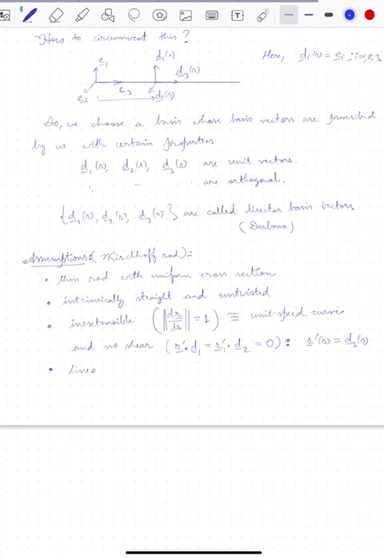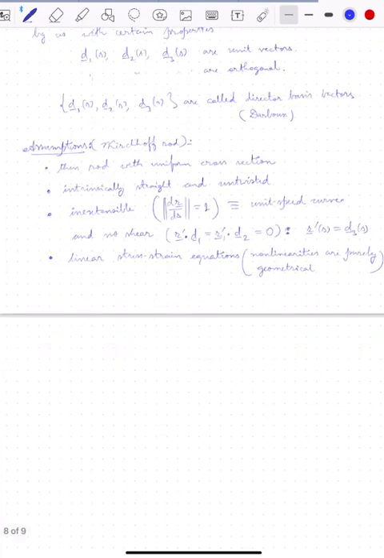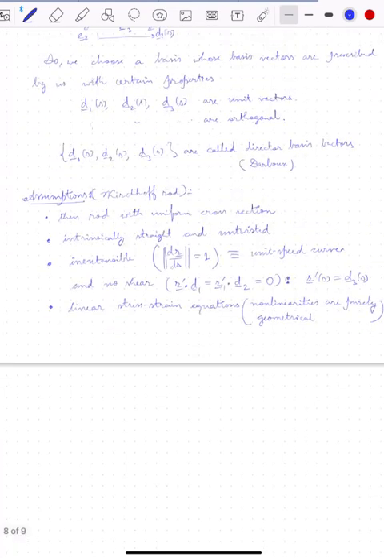We have the condition that there is a linear stress-strain equation, which means that the nonlinearities are purely geometrical. Right? Okay.